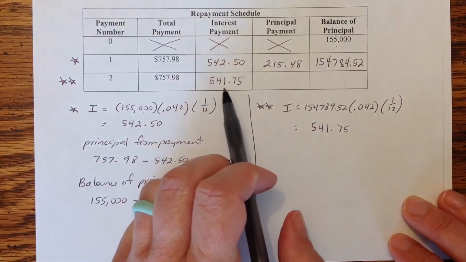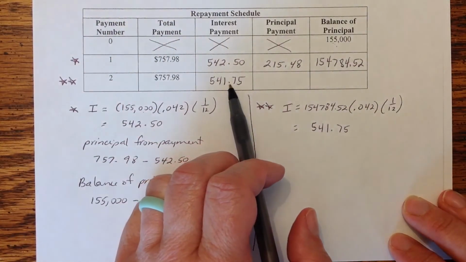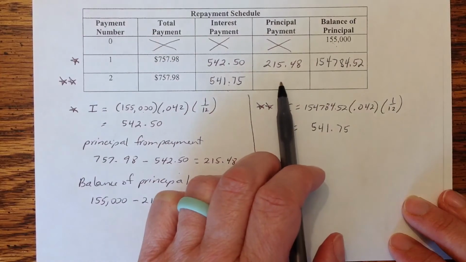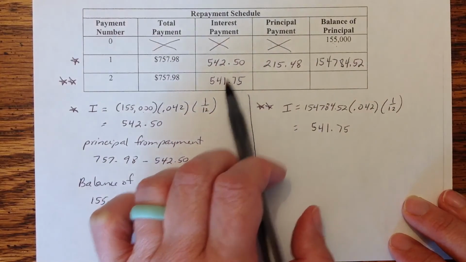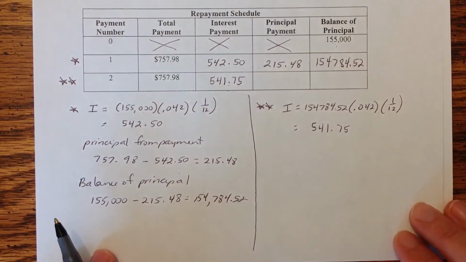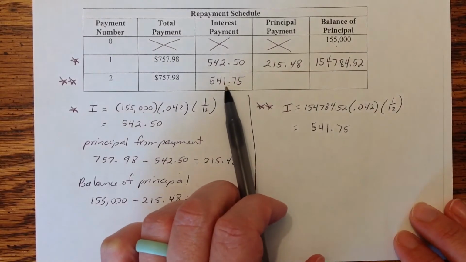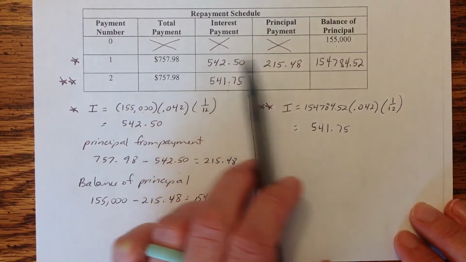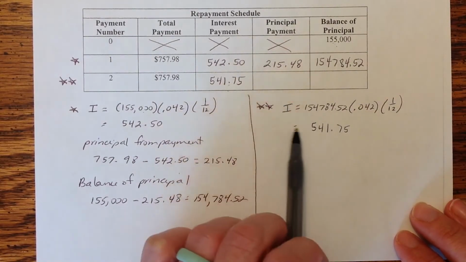So you can see the interest went down a little, which means the principal will go up a little. And that's how if you made this whole amortization schedule out, that's what would happen. Each payment would have less going to interest and more going to principal.